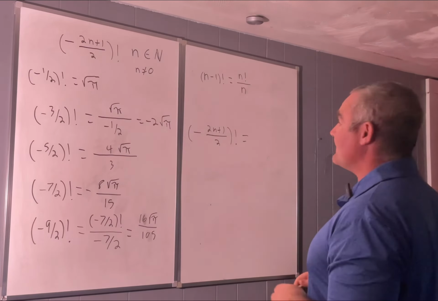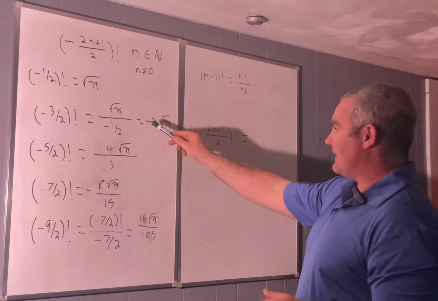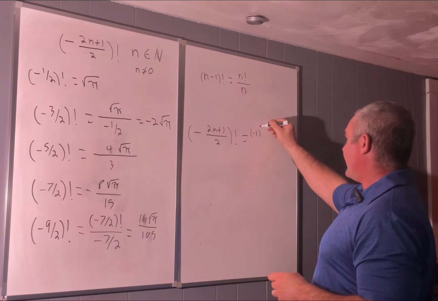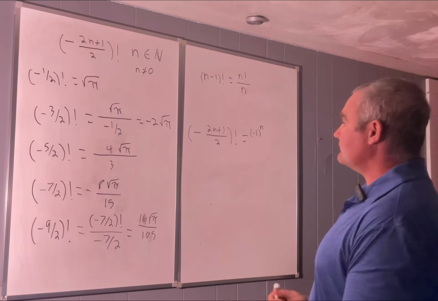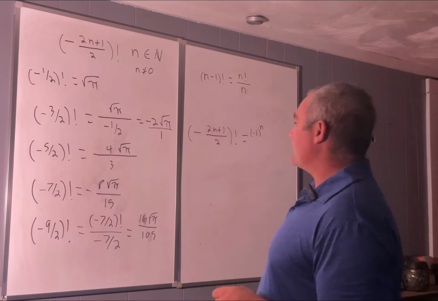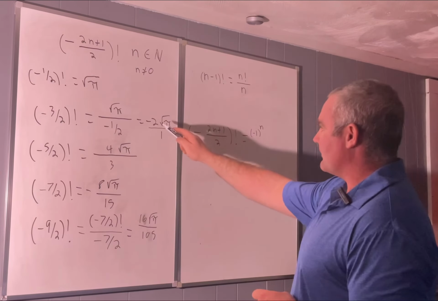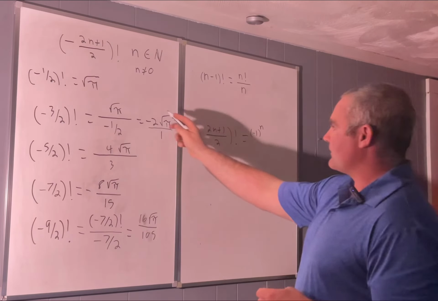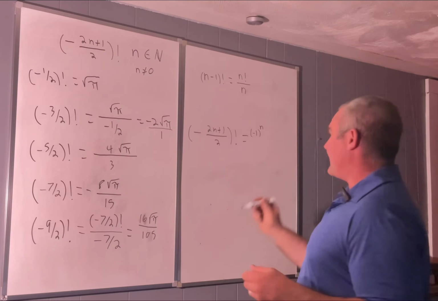So if our n is equal to 1, and this is a negative term, we would have a negative 1 to the n. That will definitely be part of it. Well, let's write this as negative 2 square root of pi over 1. All right. And it looks like our numerators are all powers of 2. And our first term is 2 to the 1, and that corresponds with n equals 1.